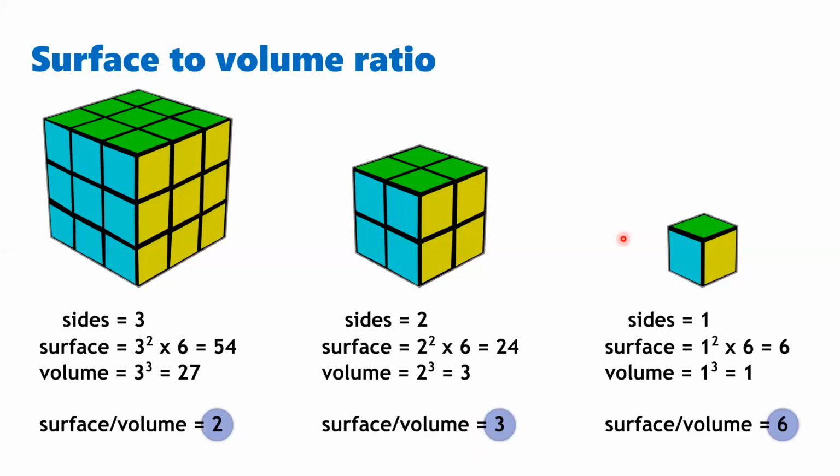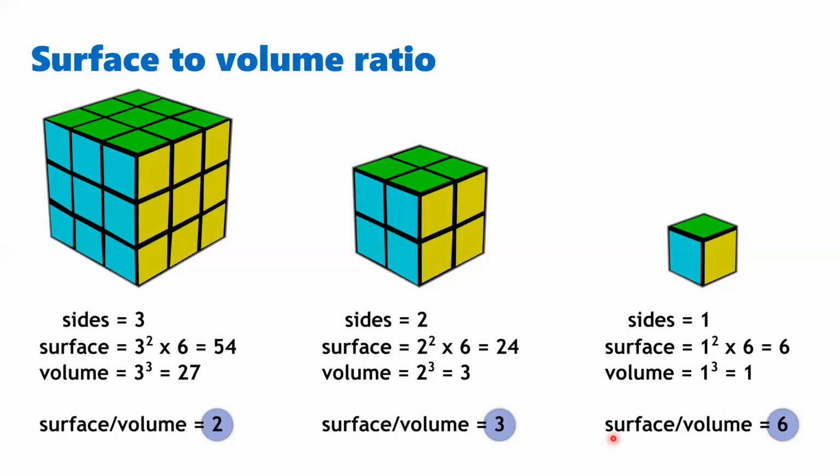Now, whenever this particular material is still reduced to single-sided material, let us say that it is the nanomaterial. Now, number of surfaces are 6 into 1 square, 6, volume equals 1 cube, 1. So, surface to volume ratio is equal to 6.